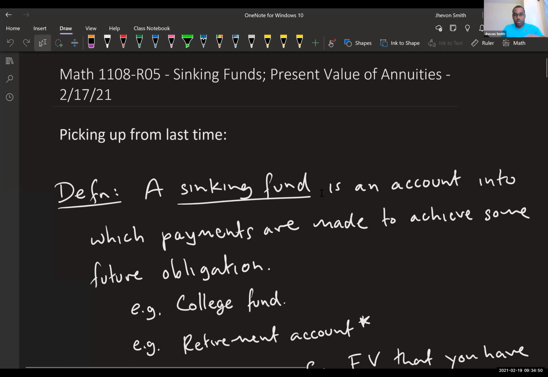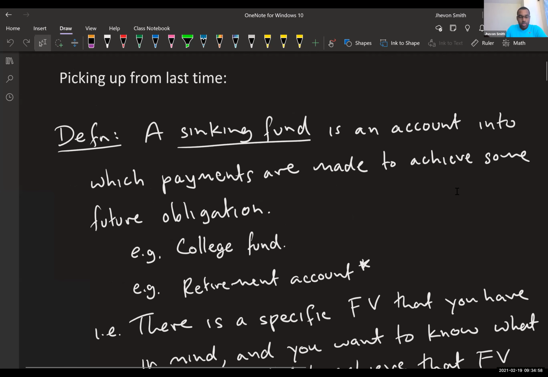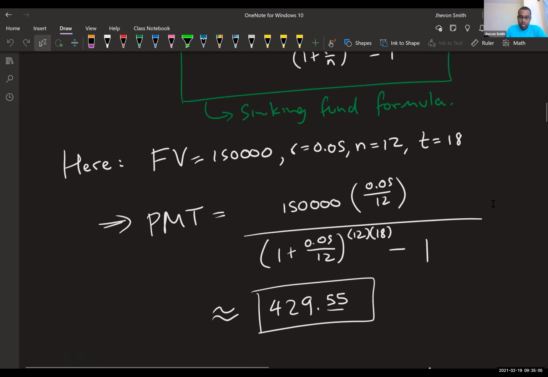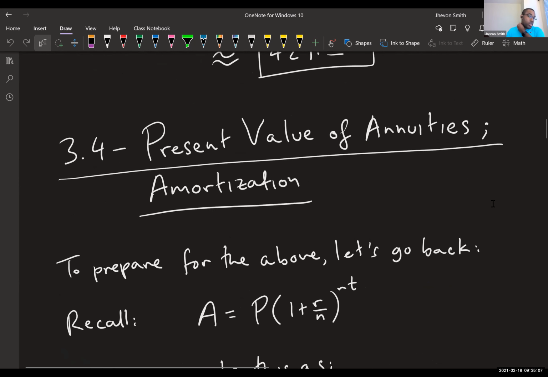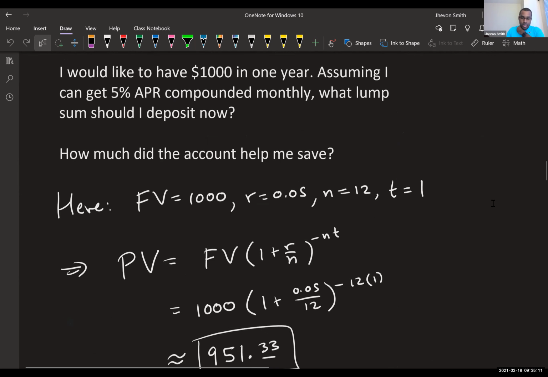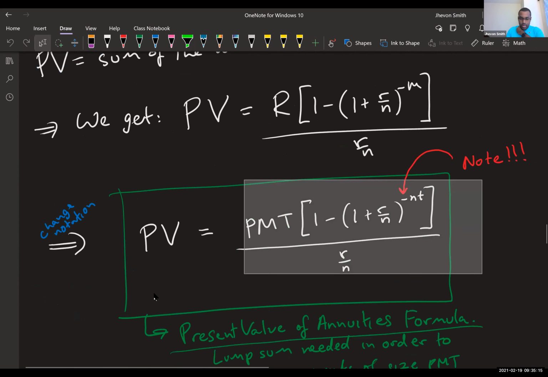Okay, so hopefully you're seeing my screen. That looks good. I can see the chat. All right, so this is where we were. This was what we did on the 17th. We spoke about sinking funds and the sinking fund formula. That's this guy. We used that in an example. Then we started talking about present value of annuities and amortization, and we derived this formula.